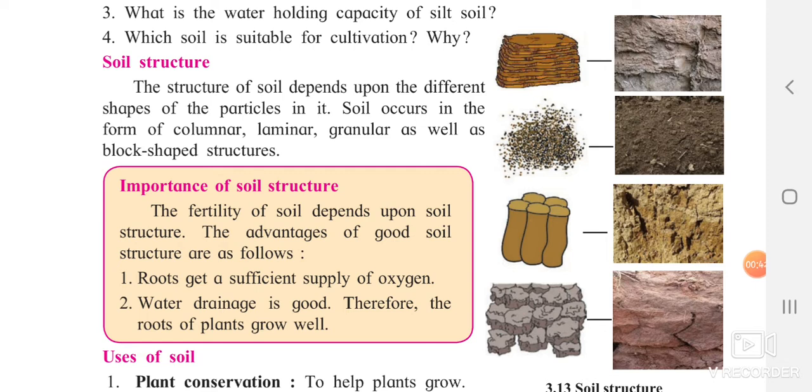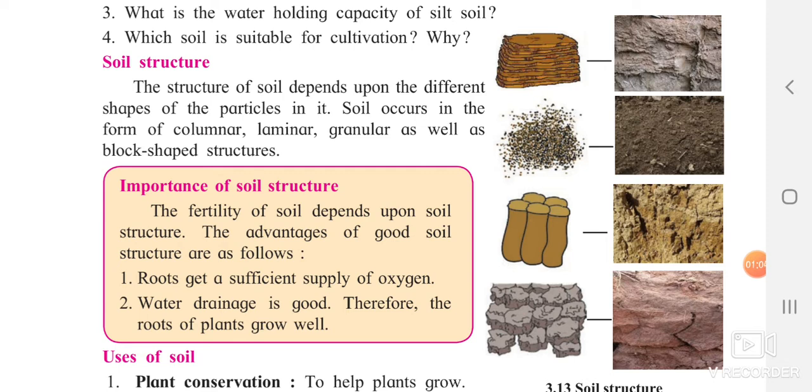The fertility of the soil depends upon the soil structure. How the soil actually is, the fertility of that particular soil is decided. For example, the humus content should be more in a soil, which results in good fertility. The advantages of a good soil structure are that it gives enough supply of oxygen to the roots.